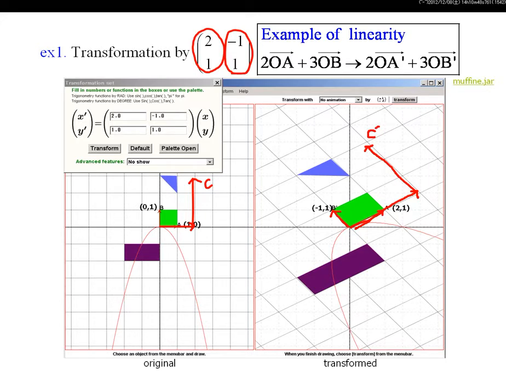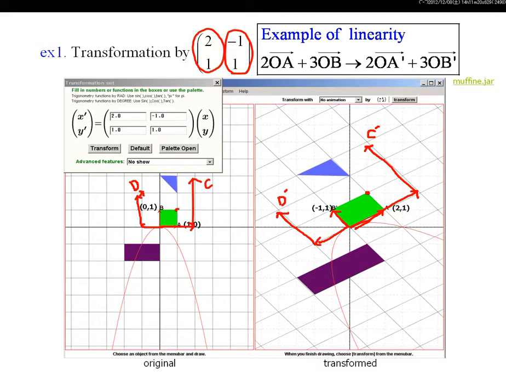Linearity is the most important point of linear transformation. With linearity, you don't have to calculate at all. Like this one, minus OA plus 2OB moves to minus OA dash plus 2OB dash. Like OA plus OB moves to OA dash plus OB dash.